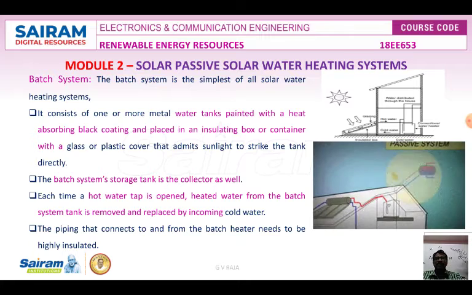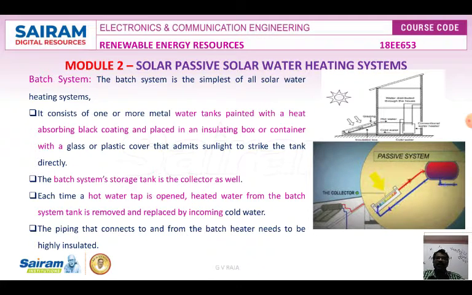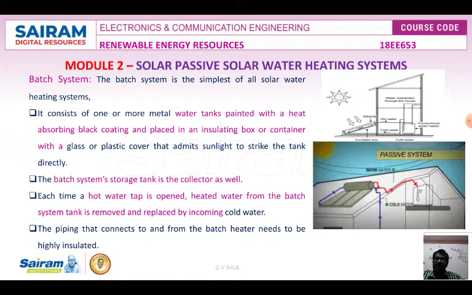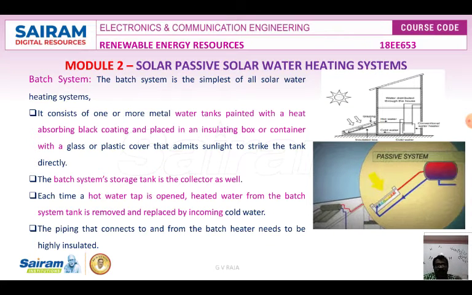So there are two types of passive water heating system. One is the batch system, another one is the thermosiphon system. The batch system is the simplest of all solar water heating systems.